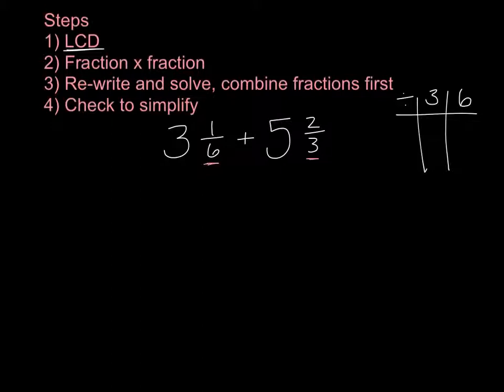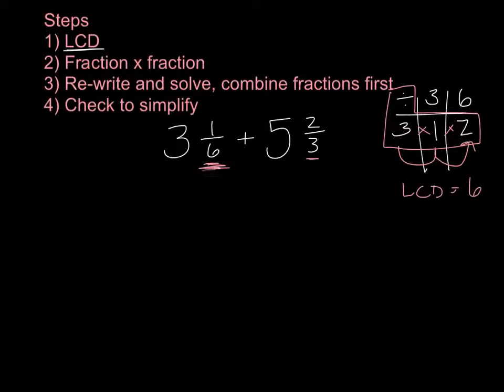The only number I know that can divide 3 and 6 would be 3. 3 divided by 3 is 1. 6 divided by 3 is 2. And since there's a 1, I know that I am done. 3 times 1 is 3. 3 times 2 is 6. So the LCD equals 6.